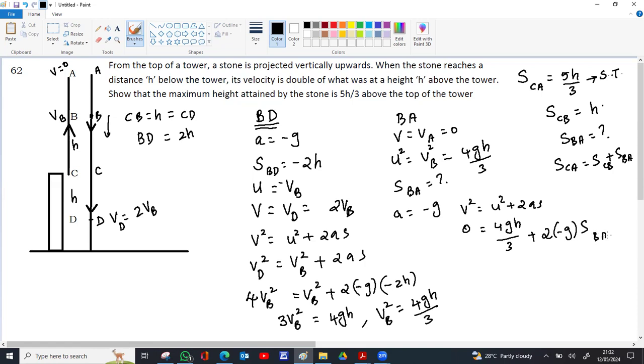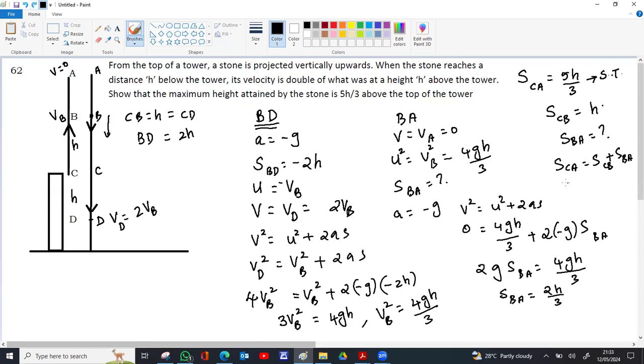This goes to the other side: 2g s BA equals 4gh by 3. The 2 and g cancel, so s BA equals 2h by 3.